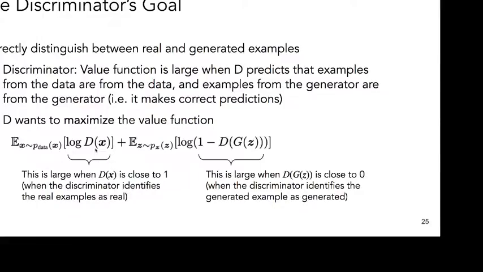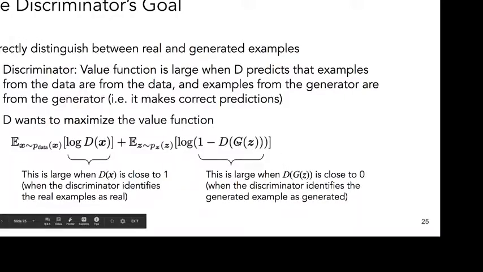And now, this term over here, we have the expectation, and this is over Z, which is the random noisy space that the generator samples from. So now, 1 minus D of G of Z is large when D of G of Z is close to 0. So that's when the discriminator identifies the generated example as generated.